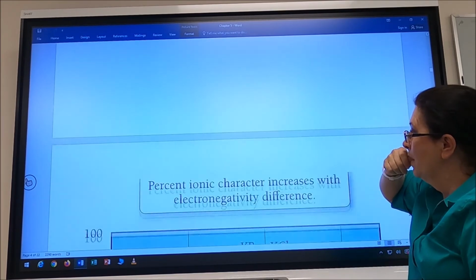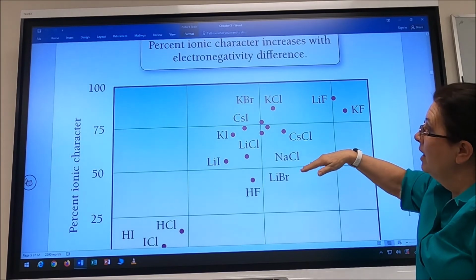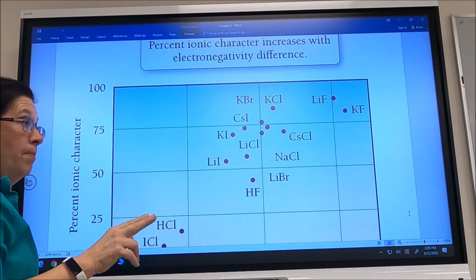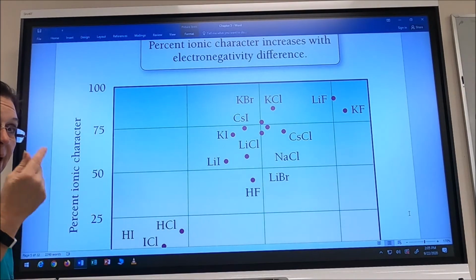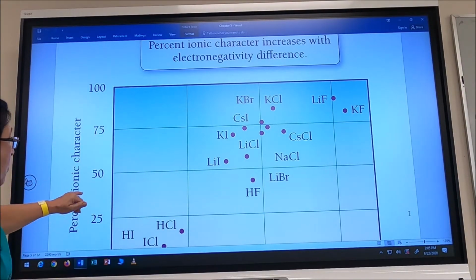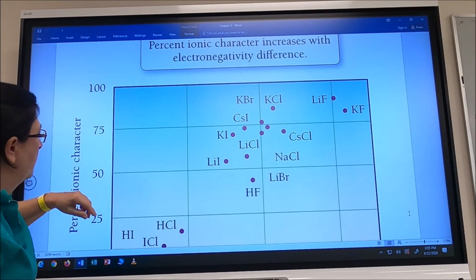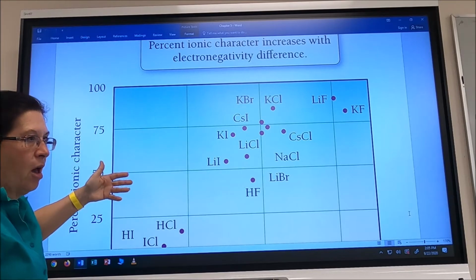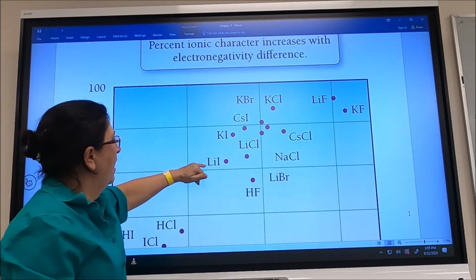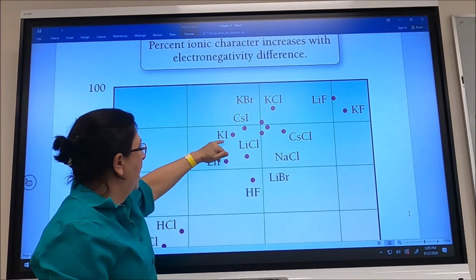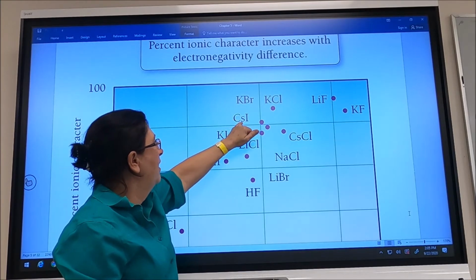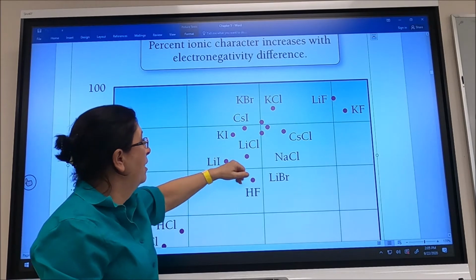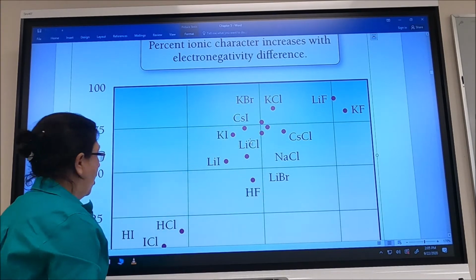Scroll on up for me. Okay, now here's a chart of some common diatomic compounds, di meaning 2, and their percent ionic character. If it's more than 50%, we consider it an ionic compound. So you see LiI, KI, LiCl, CsCl, cesium iodide, potassium bromide. I've got a metal and a nonmetal, all good ionic compounds.